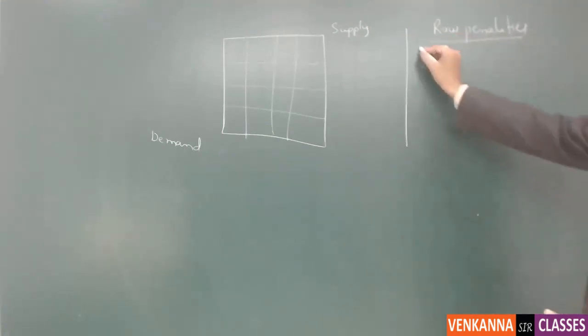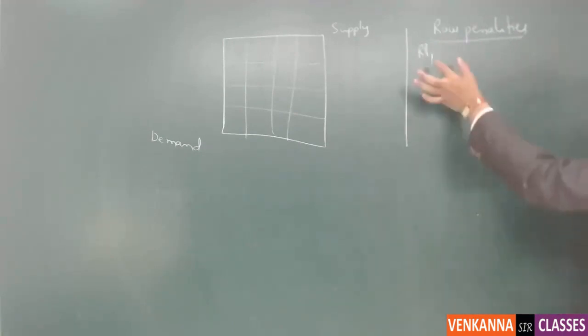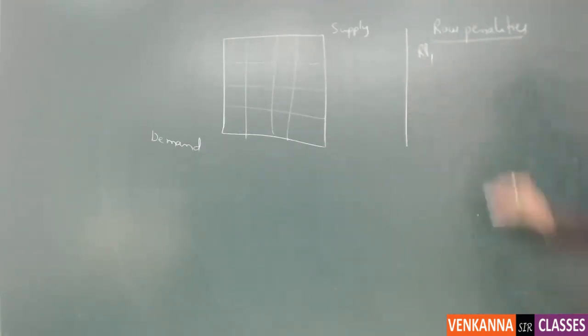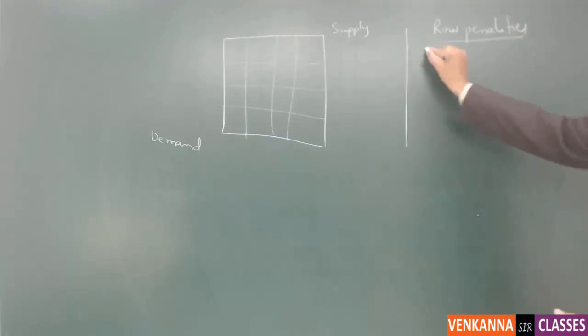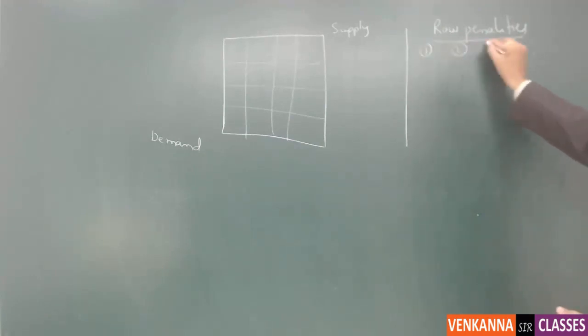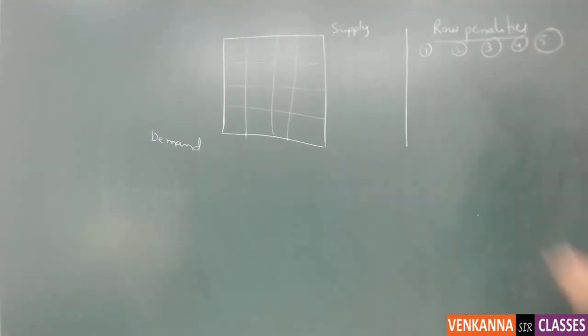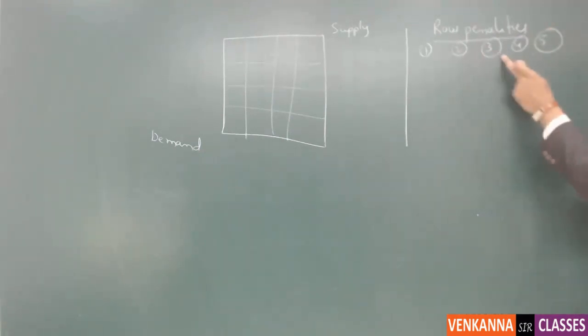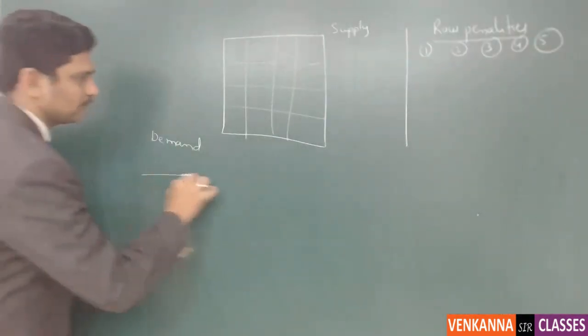So you can indicate that row penalty 1, which stands for the first iteration, or simply 1, 2, 3, 4, 5 and so on. So first iteration, second iteration, third, fourth, fifth and so on. We do the same thing for column penalties too.